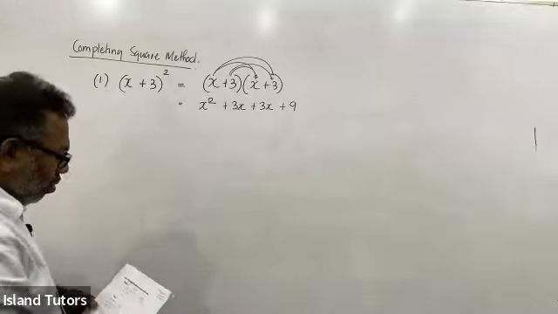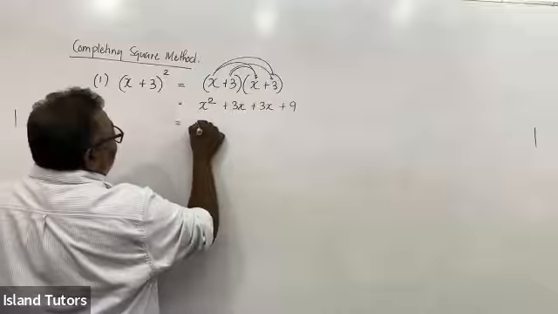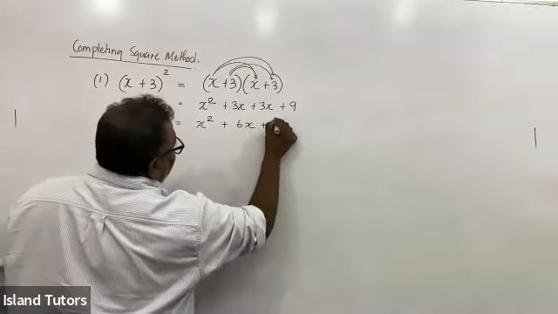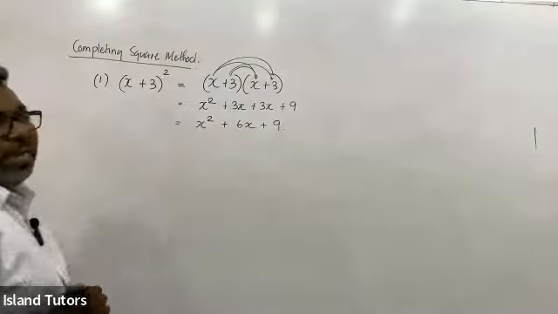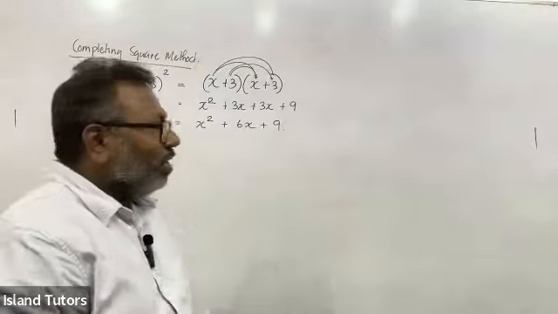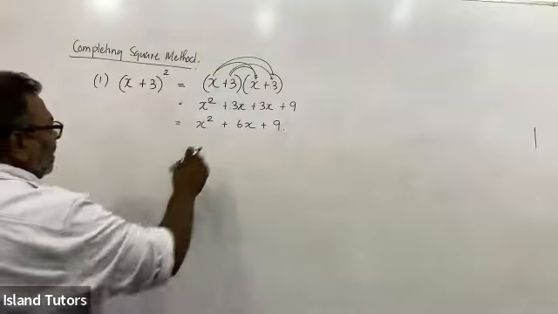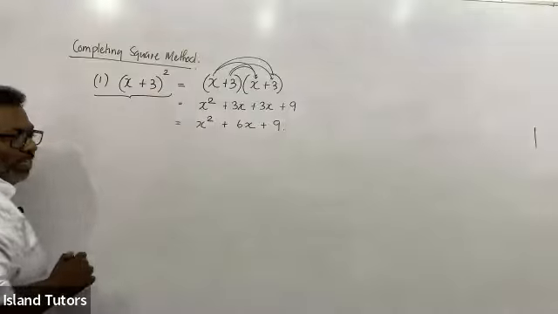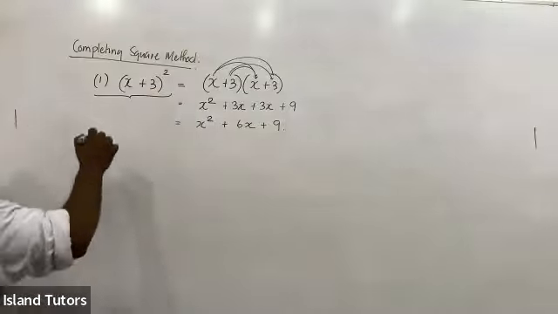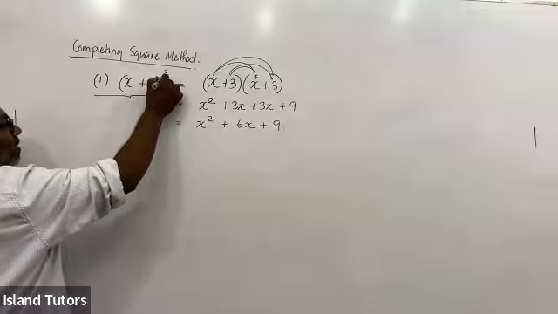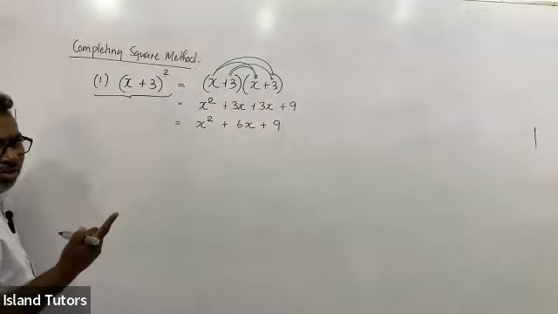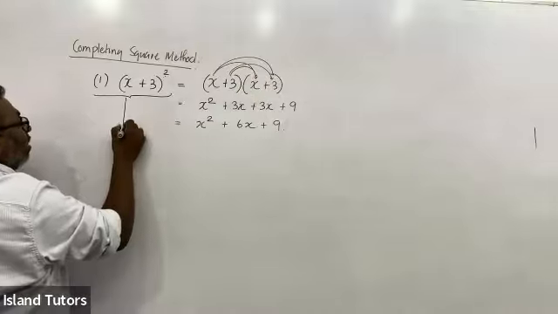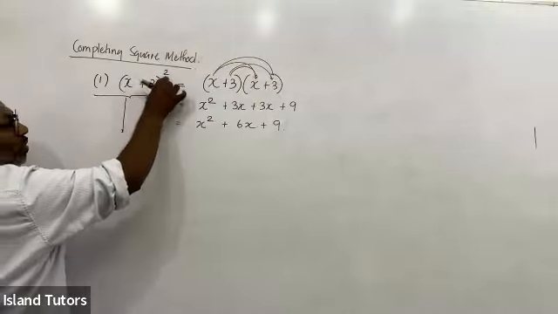Okay, so this, if you simplify, you're getting x squared plus 6x plus 9. Okay, right. So in a short way also we learned how to do that. I'll just show you that also here. So x plus 3 whole thing squared. Instead of doing this long method, how do you do that? You take the first term, square it.